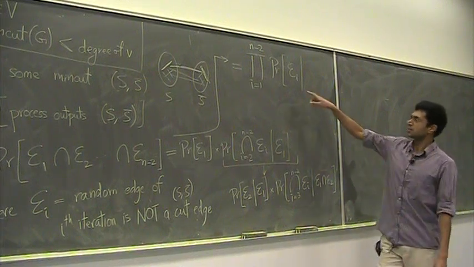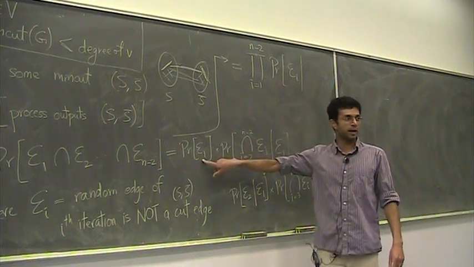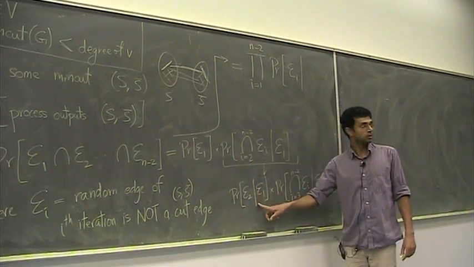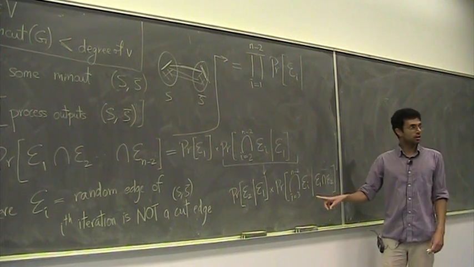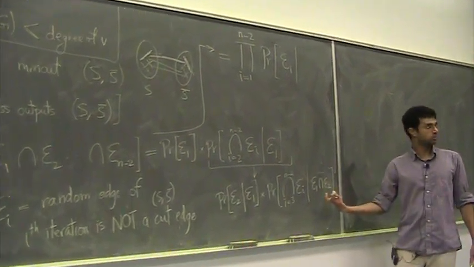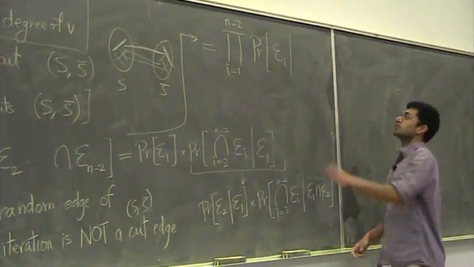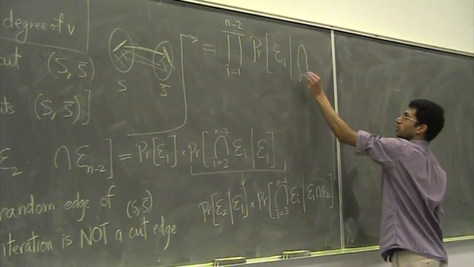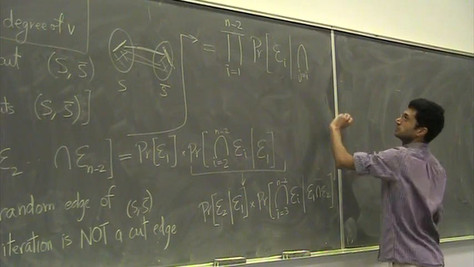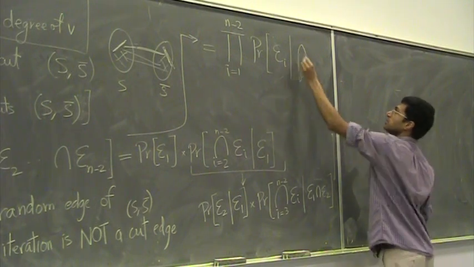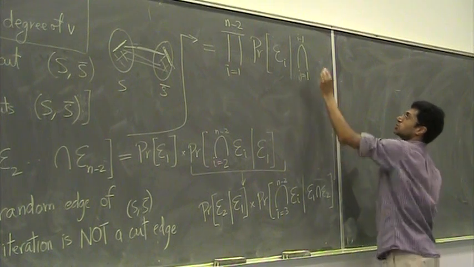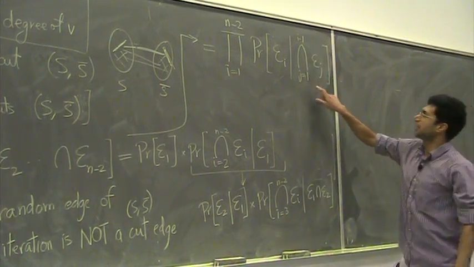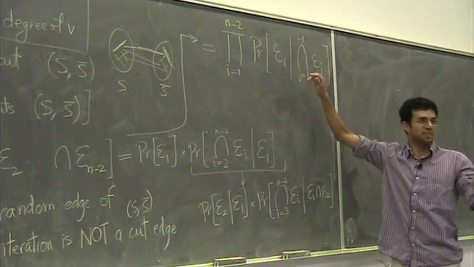So the thing is, you look at this as the first event happening, the second event conditioned on the first, the third event conditioned on the first two, and so on. So you condition on j going from 1 to i minus 1. Conventionally, if you're going from 1 to 0, then you don't have anything.